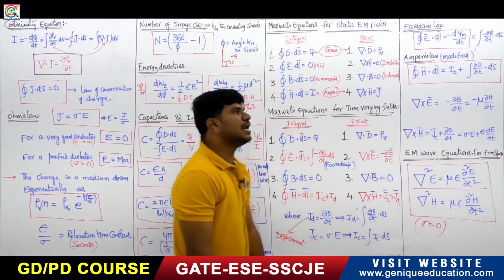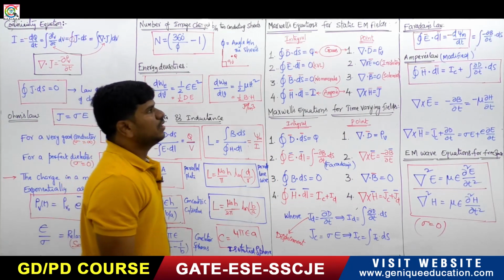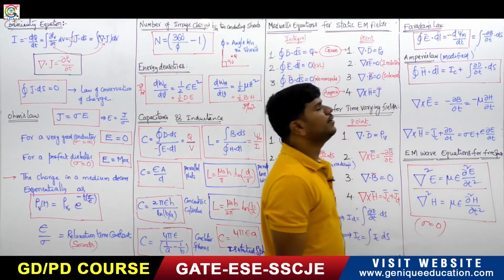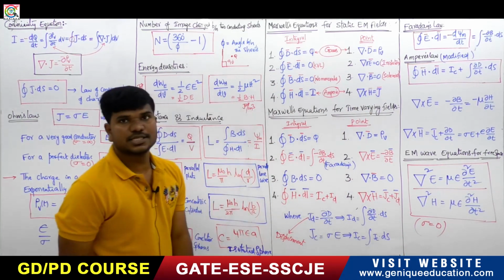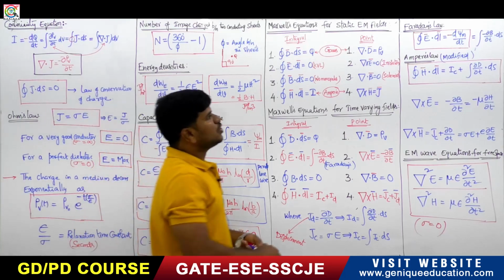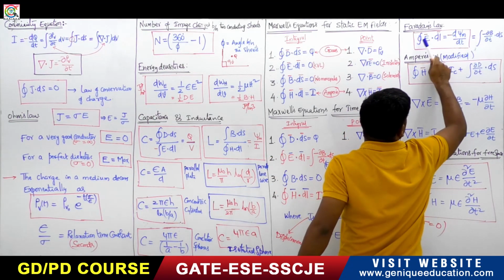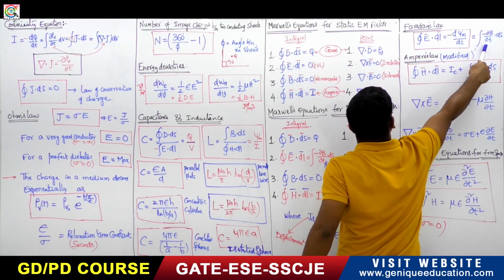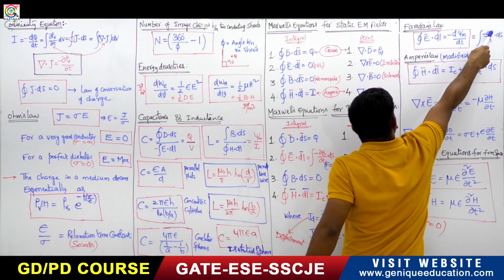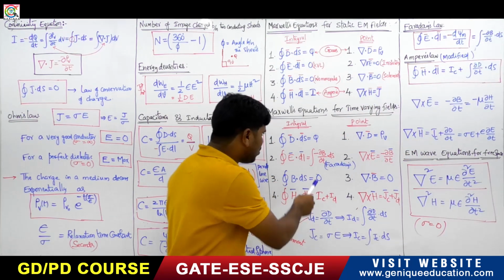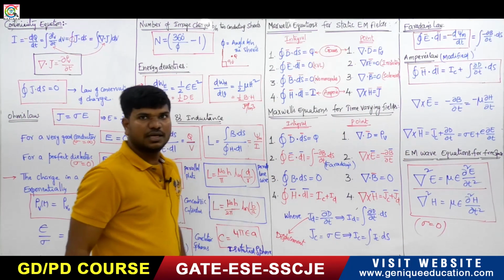So closed line integral E dot dl is equal to the integral of minus dou B by dou t dot ds. This is called Faraday's law. So from this I can write closed line integral E dot dl is equal to the open surface integral of minus dou B by dou t.